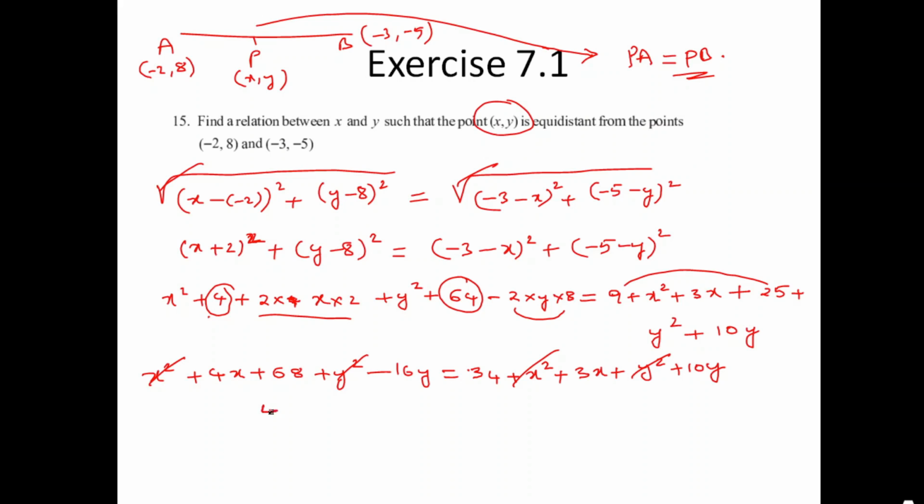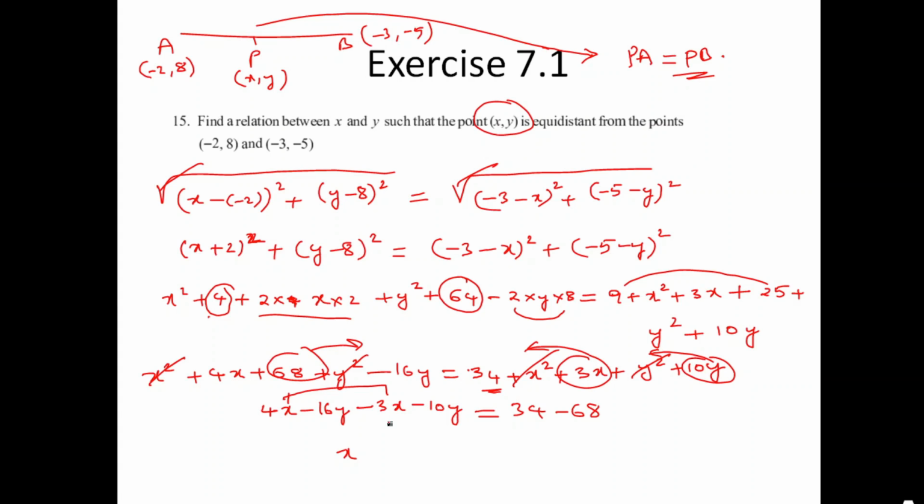So here I will be getting 4x minus 16y minus 3x minus 10y, isn't it? Yes, I need to shift this one over here and this one also to the other side. Equivalent to, now I'm shifting the numbers. I'm shifting this number over here. Here it is your 6x.